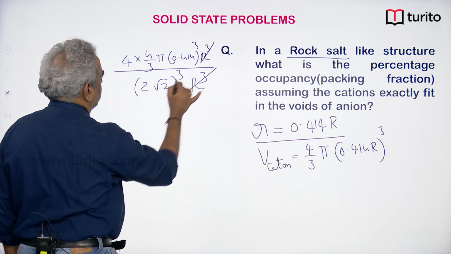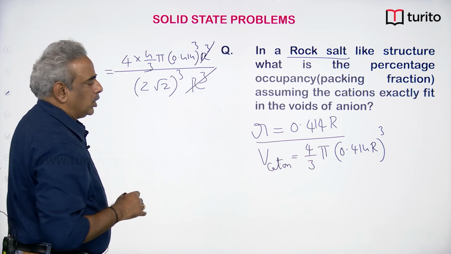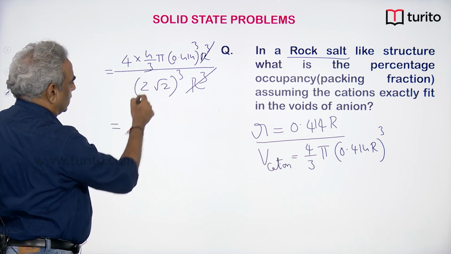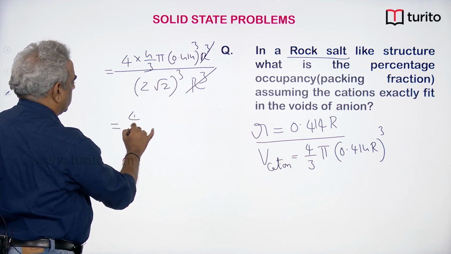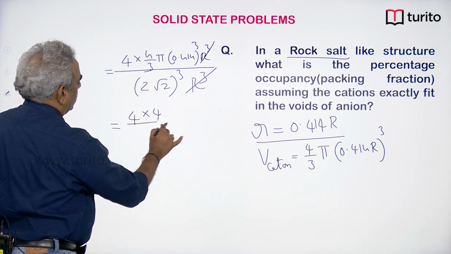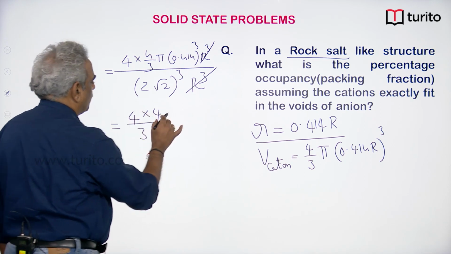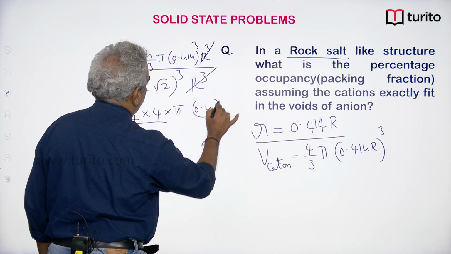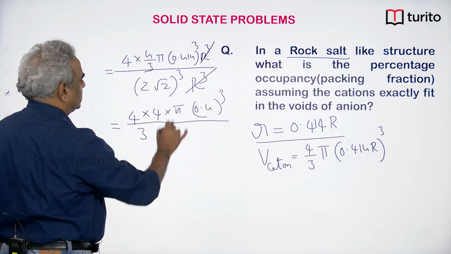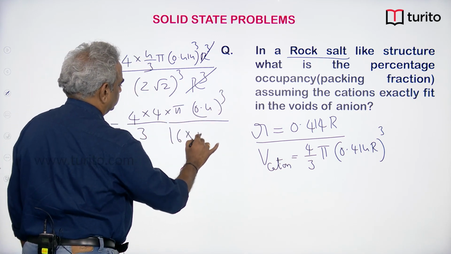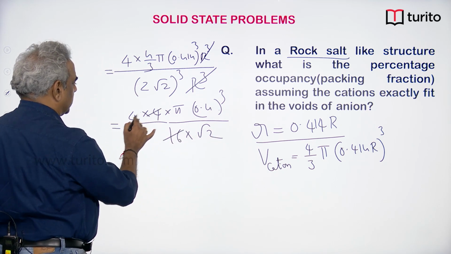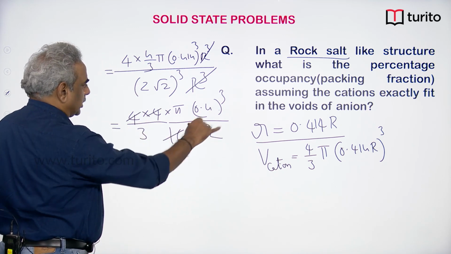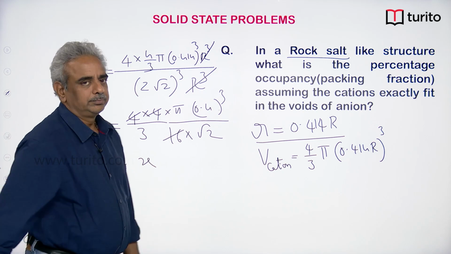The R cube cancels, and you are going to get the answer: 4 into 4 by 3 into pi into 0.4 approximately cube by 16 root 2. 16 gets cancelled, and you are going to get some value, some x.